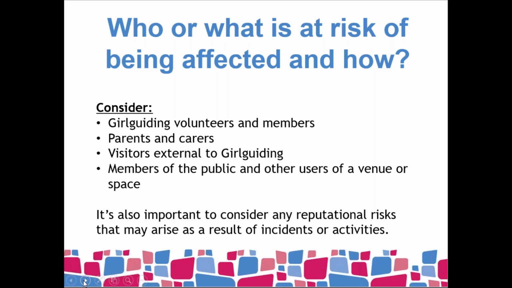So you may want to consider, in terms of who is affected, the guiding volunteers and members, us, the adults, we count as well, parents and carers who might be coming and helping, or might be just knocking around, visitors external to guiding, for whatever reason, and also members of the public. If we're doing something when we're out and about, running around in a park, we might want to consider if we might cause any risk to people who are around.